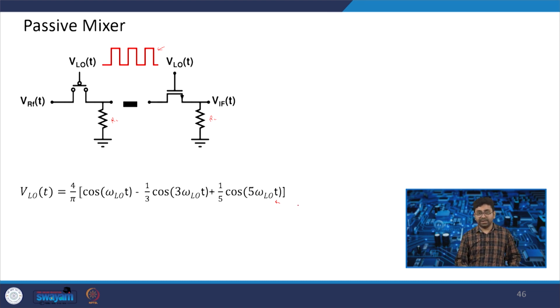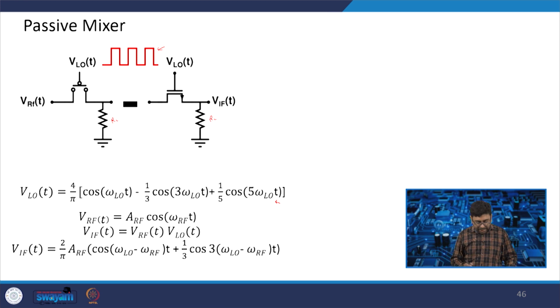It can be expanded into 1 by 7, 1 by 9 for all the harmonics, but if we consider up to the fifth harmonic and multiply with the RF signal cos omega RF t, you will have 2 by pi A RF cos omega LO minus omega RF t, plus 1 by 3 cos 3 omega LO minus omega RF t. So here your gain is 2 by pi.